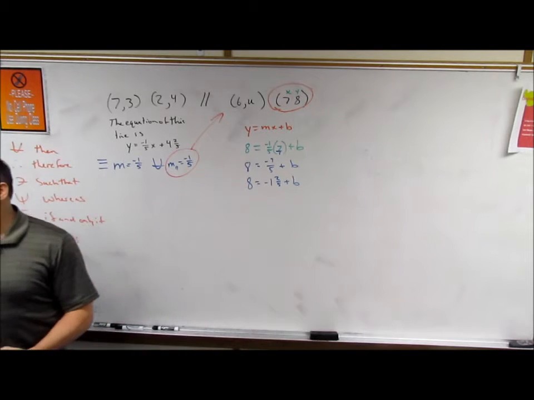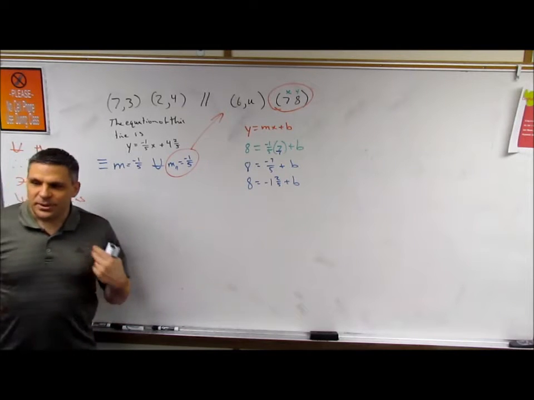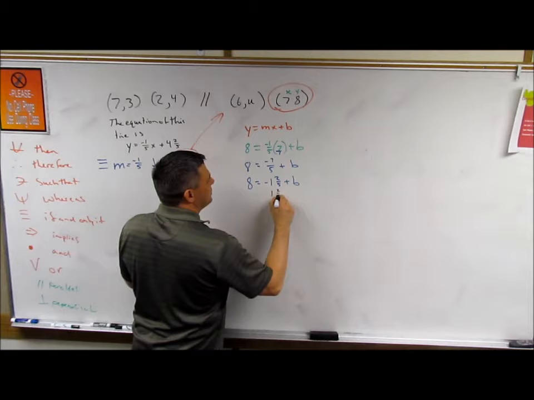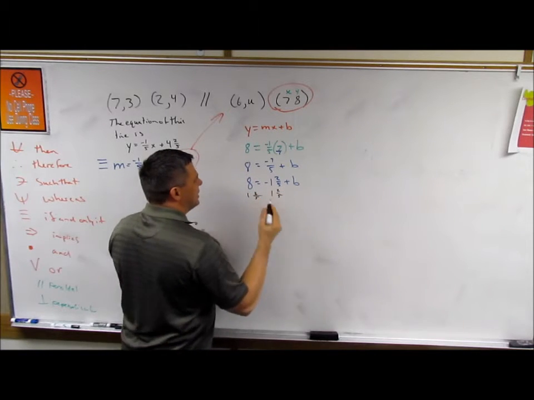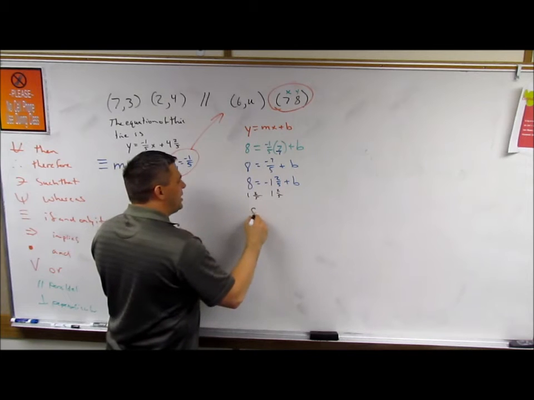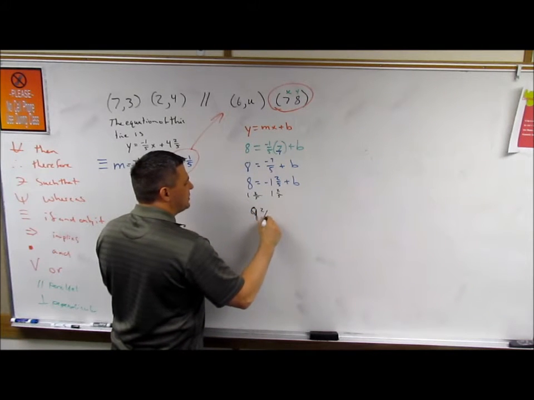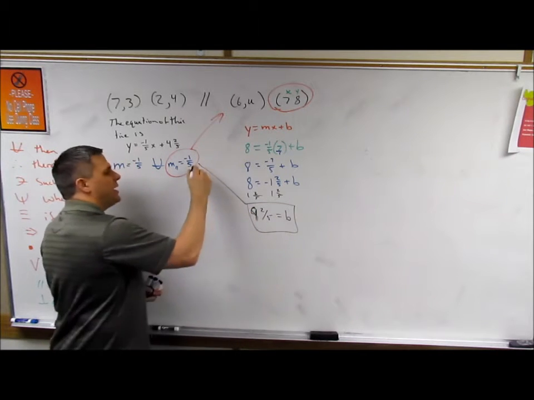Because, you know, in essence, 7/5 is the same as 1 2/5. So now I add 1 2/5. I add 1 2/5. And it's really not that hard. I've got 9 2/5 equals b. So now I have b and I have m.